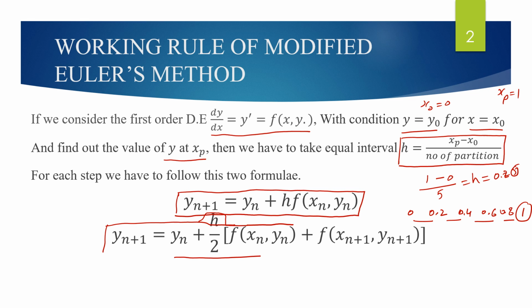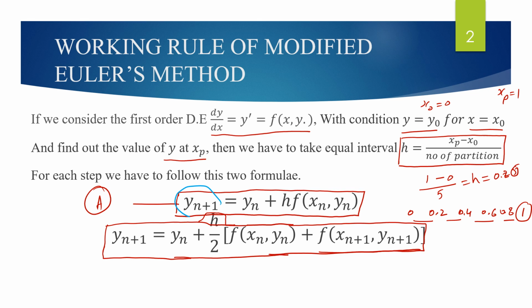Till here it is just the Euler formula, then the modification part is the average, the plus f(xn+1, yn+1). We are going to use these formulas simultaneously. That means first we use equation A to get the value of yn+1, and then this value yn+1 will be used over here to find the modified part of that solution.